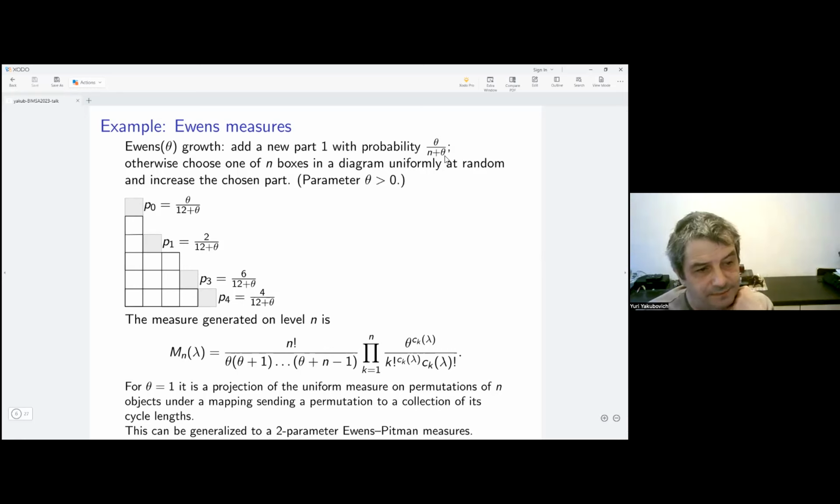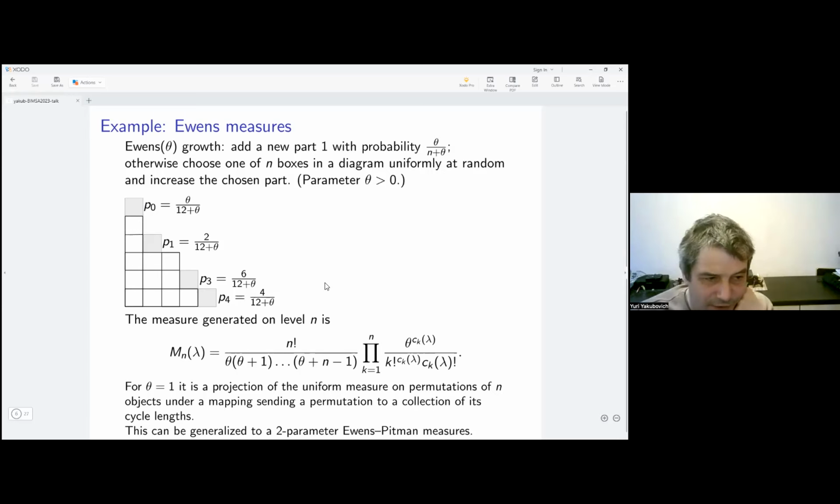And otherwise, if we do not add this 1, which is represented by this box, we should add one of these 3 boxes, and we do it by the following simple procedure.